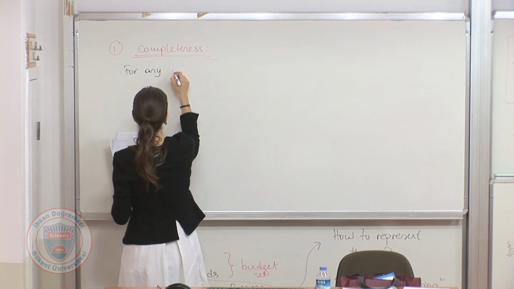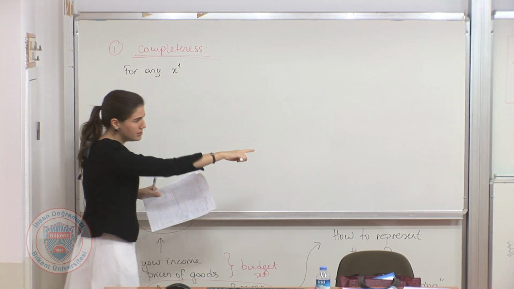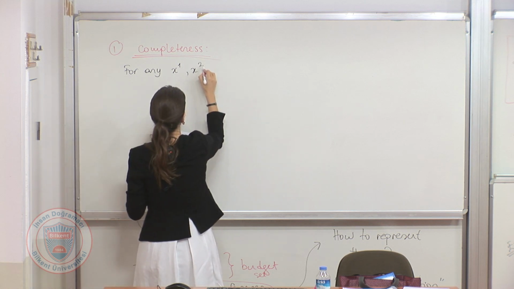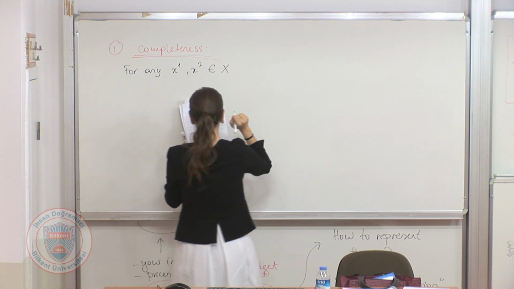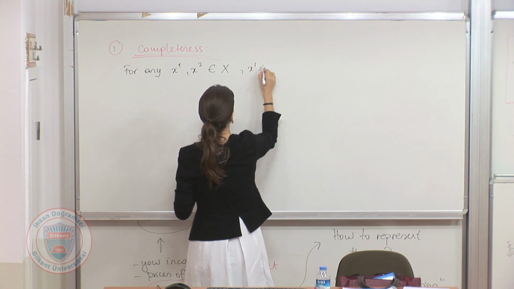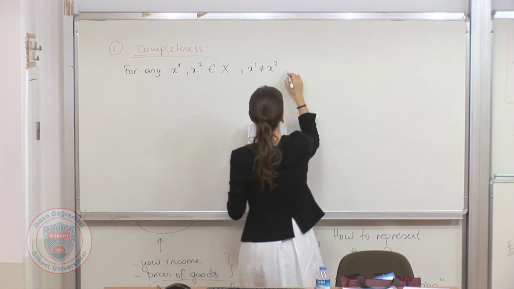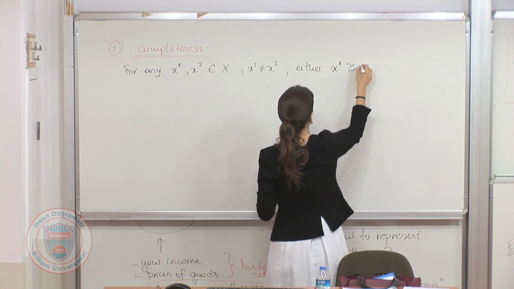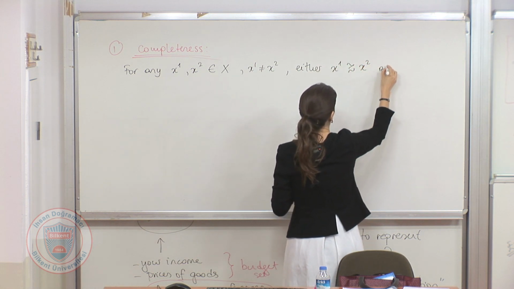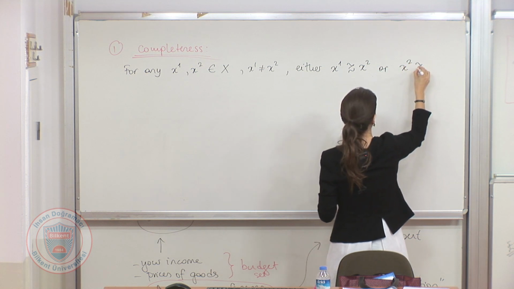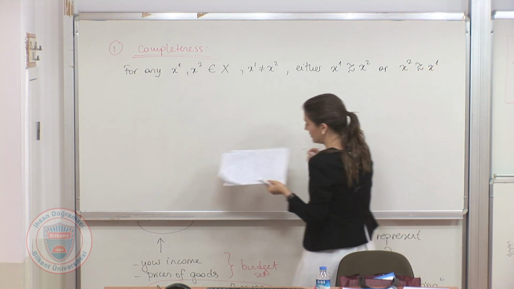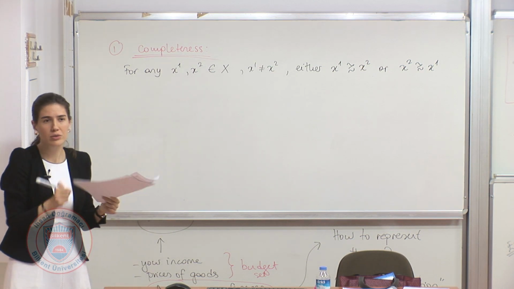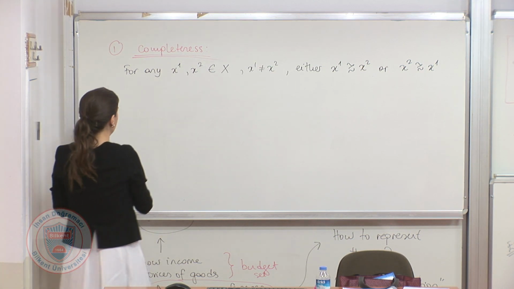So basically this says that for any x1, x2 element of x, where x1 is not equal to x2, either x1 is at least as good as x2, or x2 is at least as good as x1, okay? So this is the formal definition.